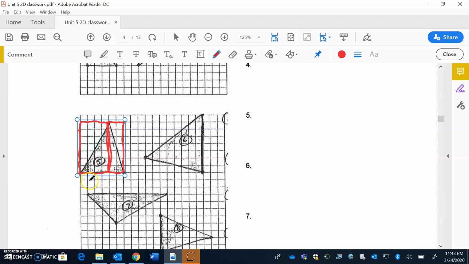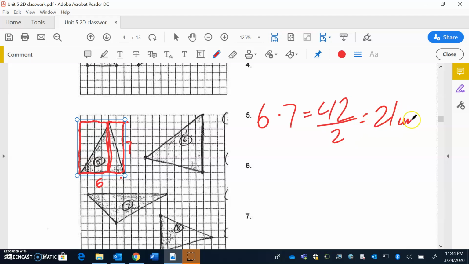So we are 1, 2, 3, 4, 5, 6. So we are 6 wide. We are 1, 2, 3, 4, 5, 6, 7 tall. So for a rectangle, we'll do our 6 times our 7. We'll get 42, but we'll recognize that it's a triangle, so we will cut it in half, which means it's 21.